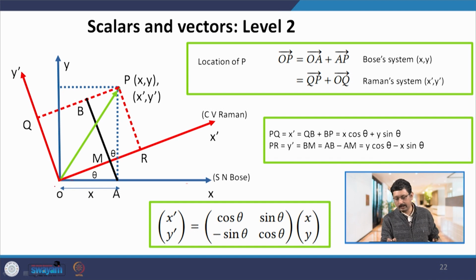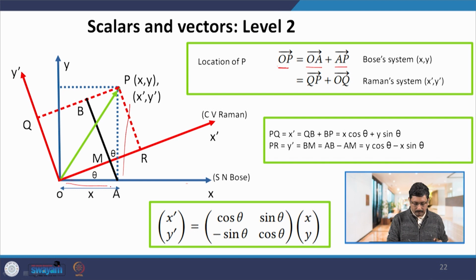So, he will write it as an equation, this arrow, this vector, called the location or position vector of point P from O, as OP, and this can be written as a vector addition of two pieces, one along the x axis and the other along the y axis.